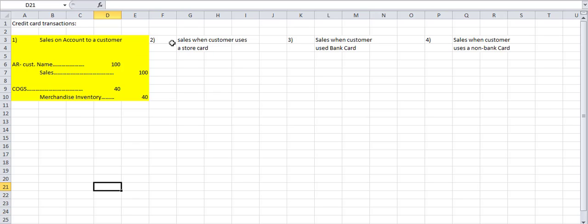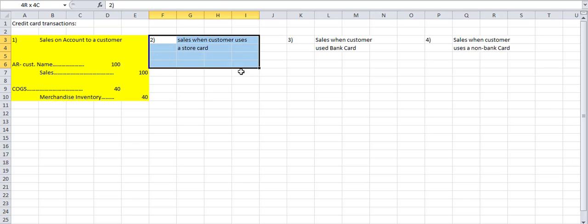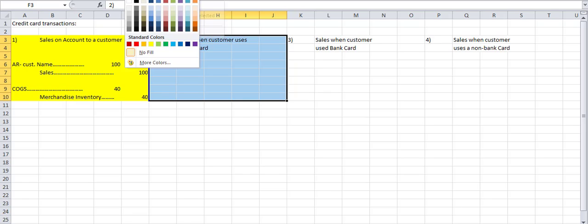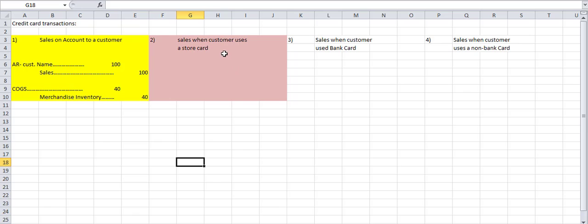All right. So now let's take a look at what the transaction would look like if a customer came into your store and used your store card. So let's say, for example, this is J.C. Penney, and a customer comes in and uses their J.C. Penney card. Or let's say they want to use their Target card in Target.